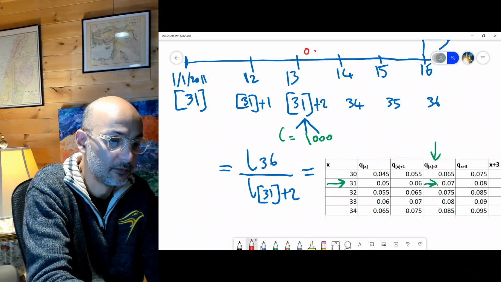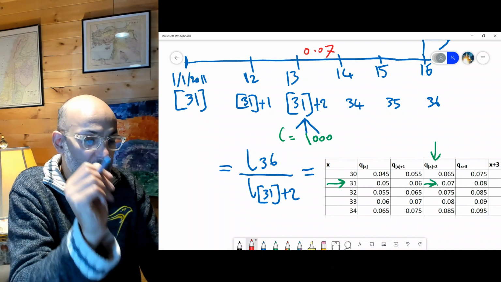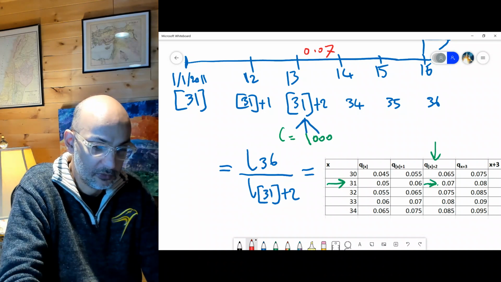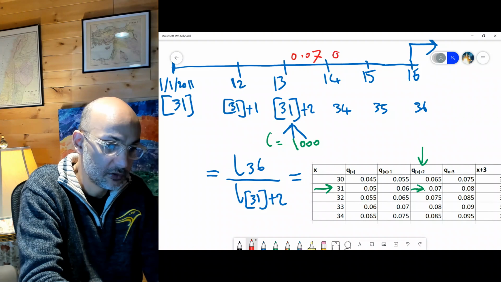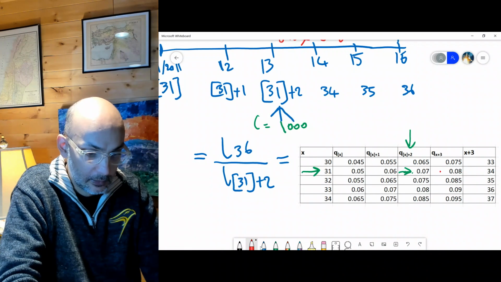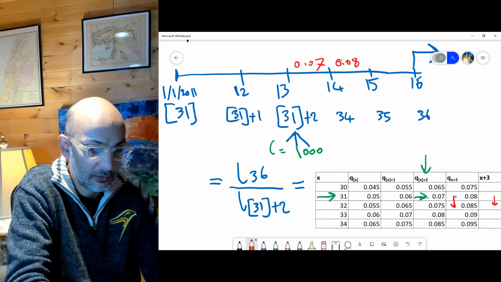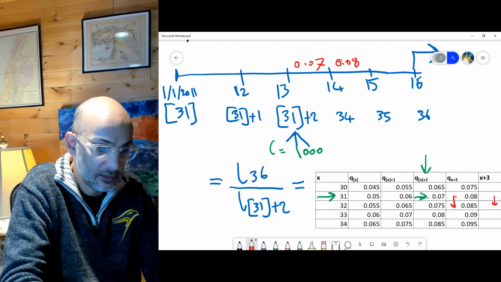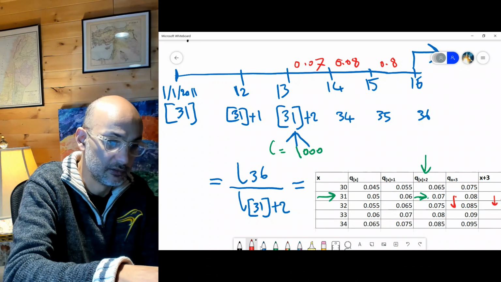Let's put it here so we don't forget about it. Then if you go forward, the next one is 0.08. Then you go down, because 34, you need to go to 35. The age 35 mortality is 0.085.